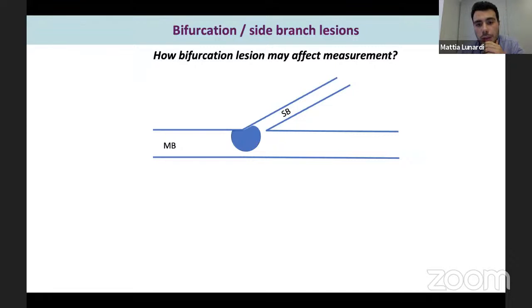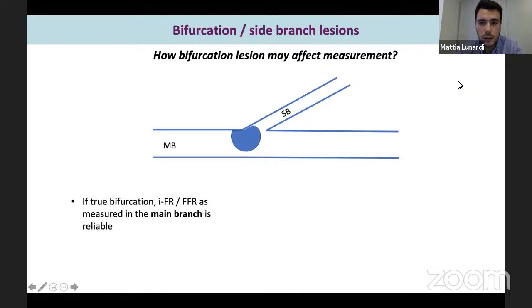The side branch is, of course, somehow impaired by the presence of the stenosis also in the main branch. So you can expect that assessing FFR or IFR in the side branch, in the presence still of the stenosis in the main branch, the value is more abnormal, is overestimated, so it's not a good idea to assess the functional significance of a side branch stenosis before stenting the main branch.